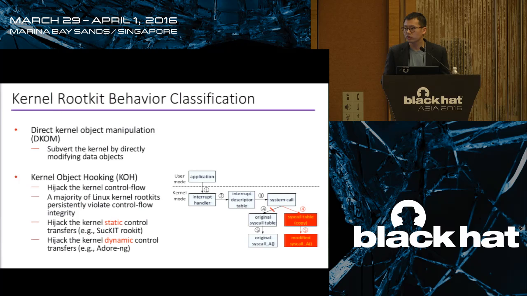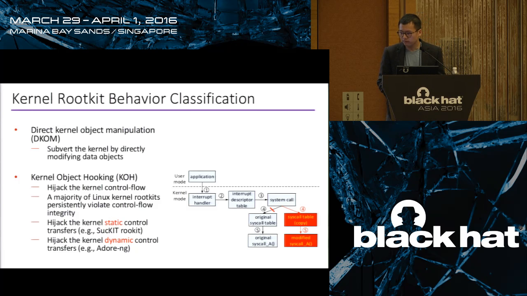Then it tries to find which syscall it is by looking up the system call table. Now, if your system is not affected, you will use the original syscall table and then execute the original syscall routine. But if you have a rootkit, it will give you a fake syscall table and then jump to a malicious syscall routine.